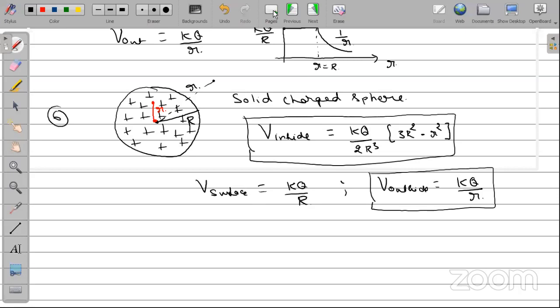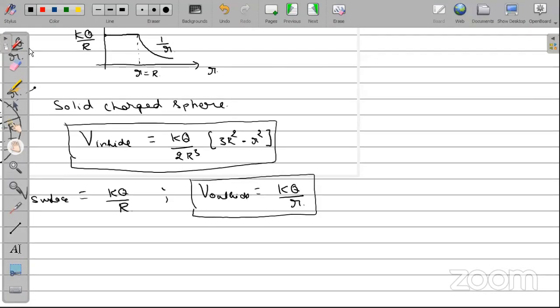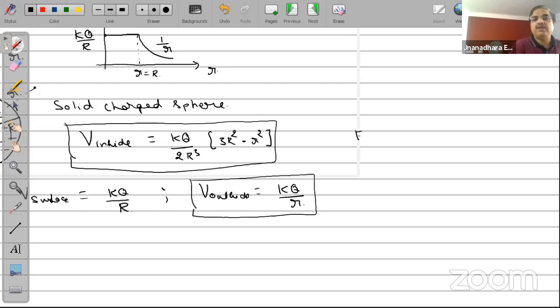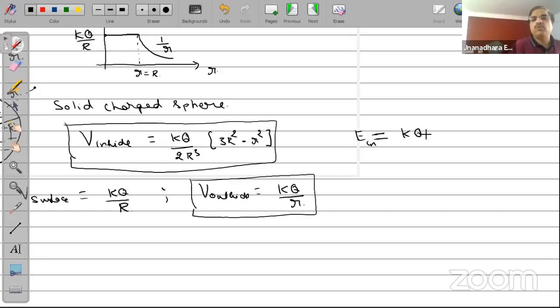Excuse me, sir. Yeah, please tell me. What will be the electric field in this case? Okay, you didn't attend my previous classes, right? The electric field inside will be KQR by R cube.